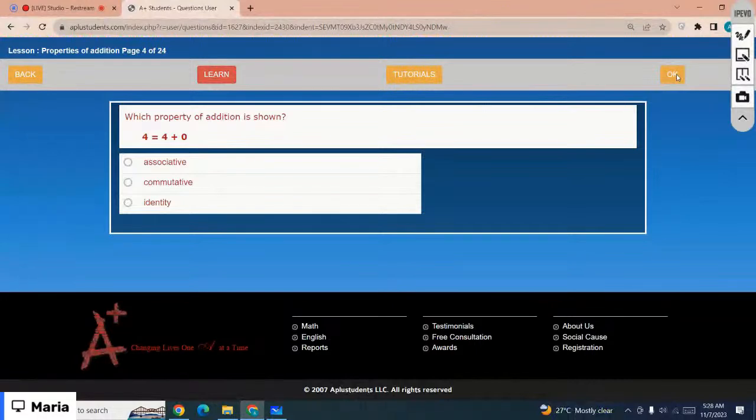Which property of addition is shown, which is the correct option? That is the identity. 0 is the identity, right? So the correct option is option number 3, that is the identity.